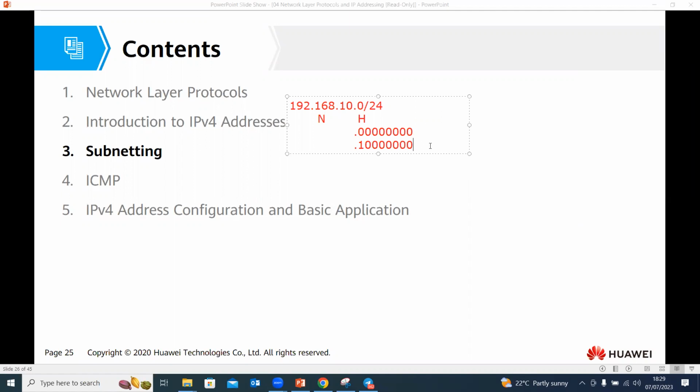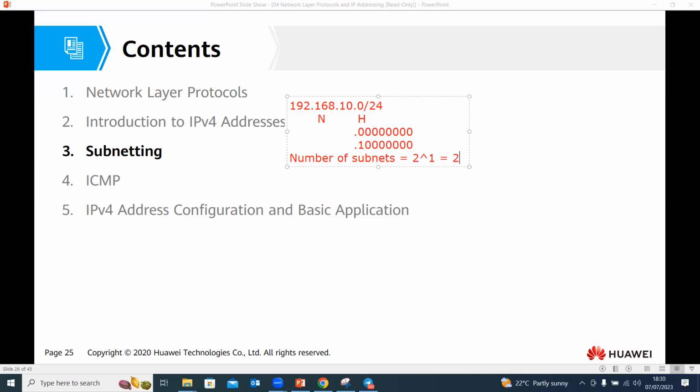I've borrowed 1 bit from the host part. The number of subnets will be 2 power 1, and we shall have 2 subnets. There are now 2 subnets.